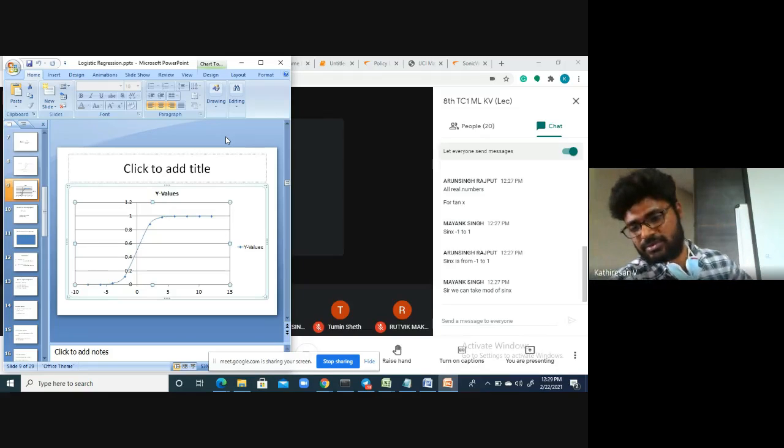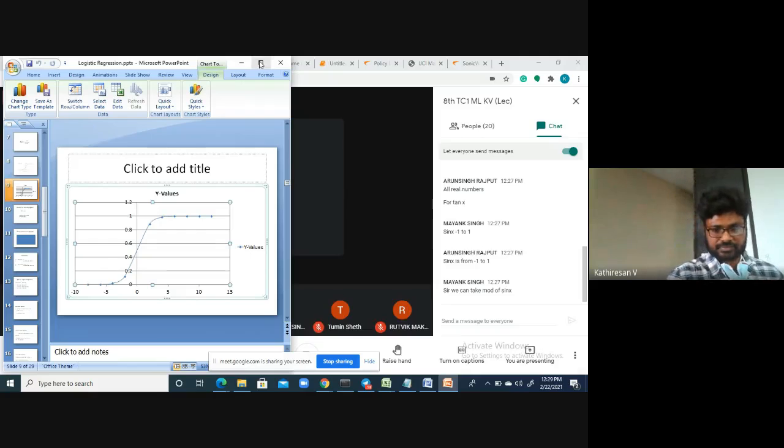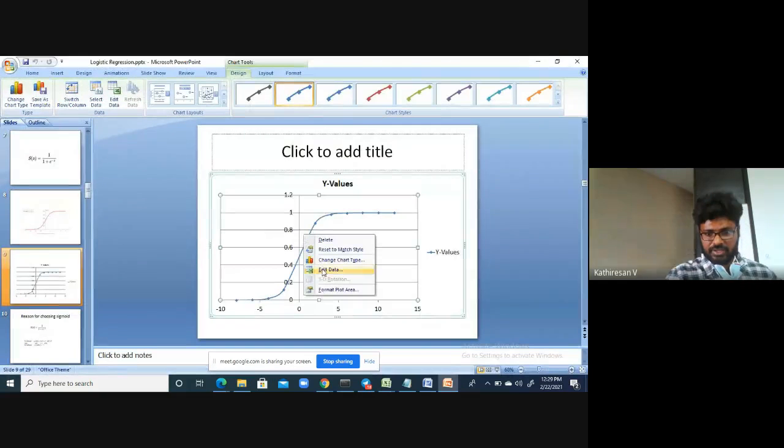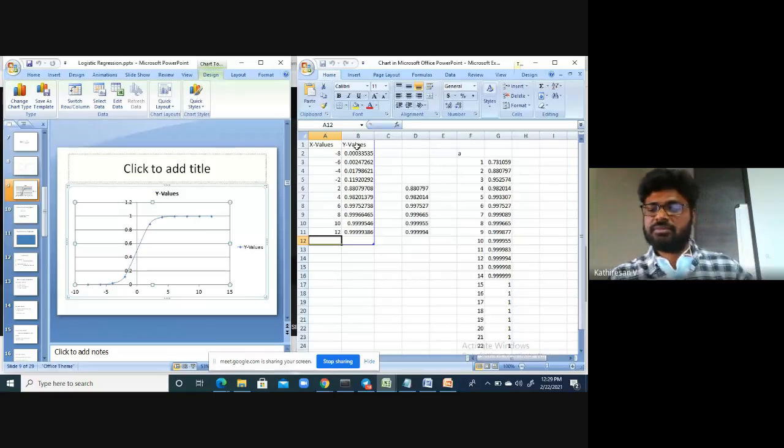I'm suggesting to you, see here, x value and y is nothing but sigmoid of x.